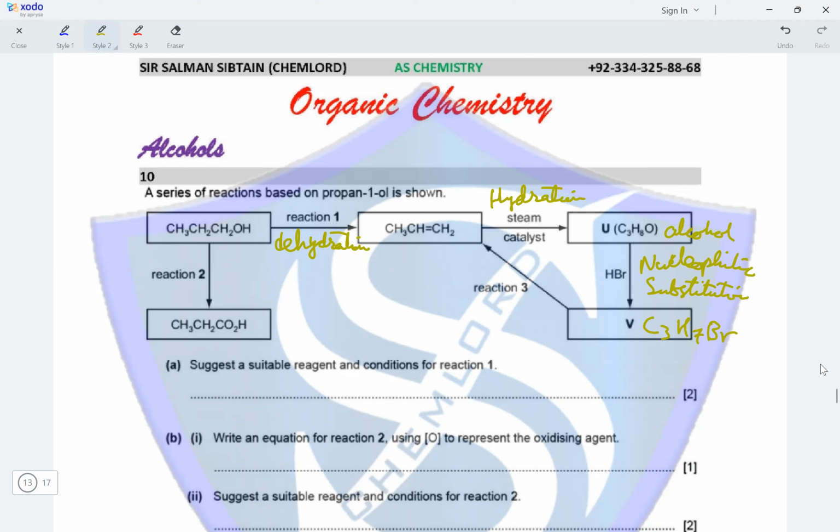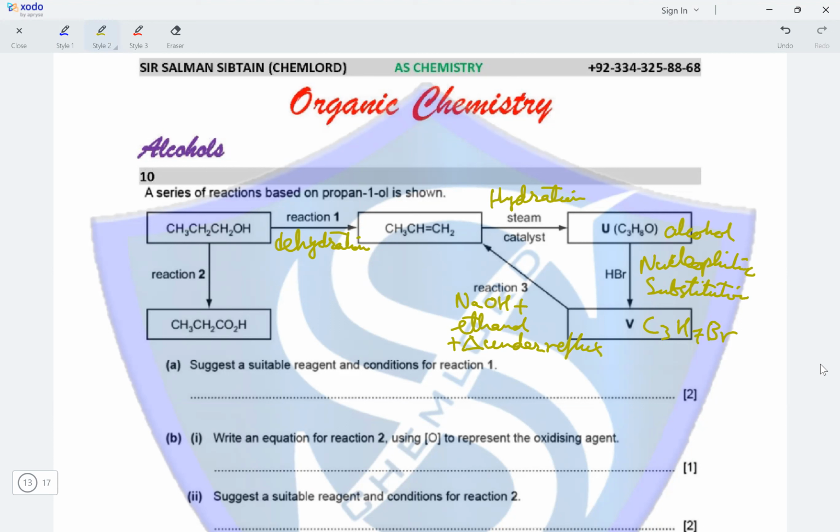So this would require reaction with NaOH plus ethanol plus heat under reflux. And this reaction is also known as a dehydrohalogenation reaction.